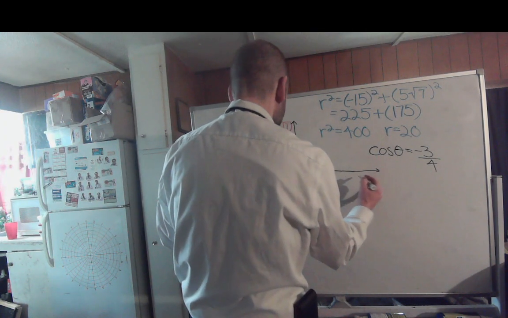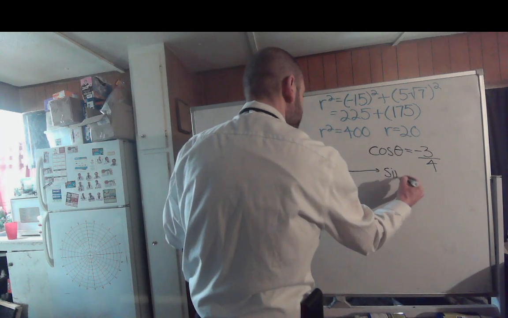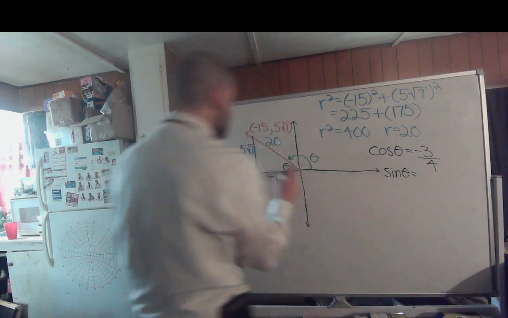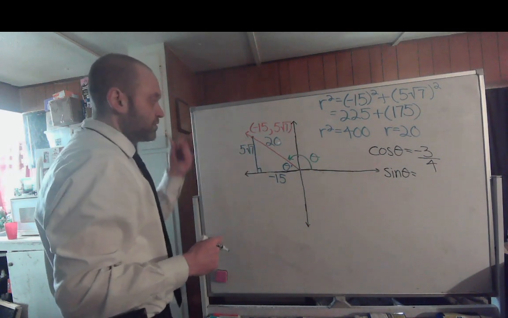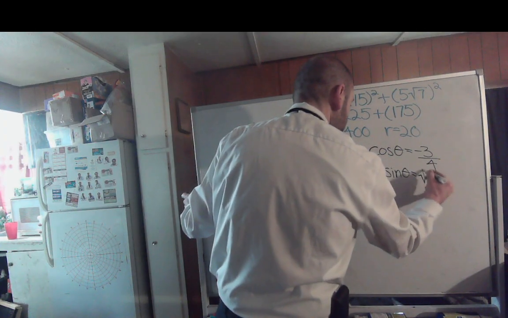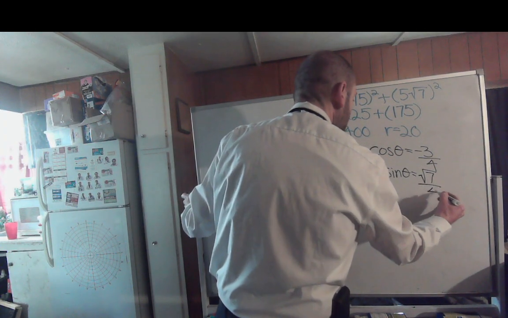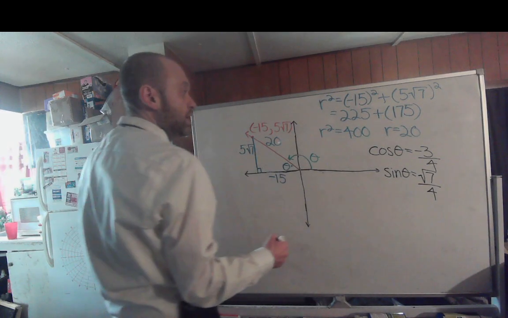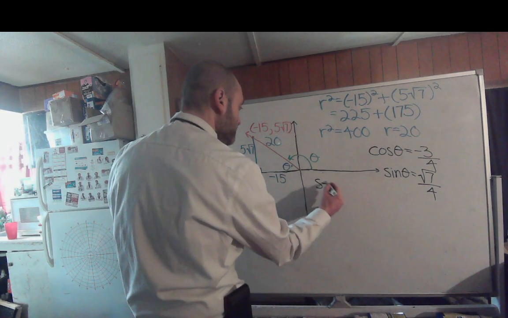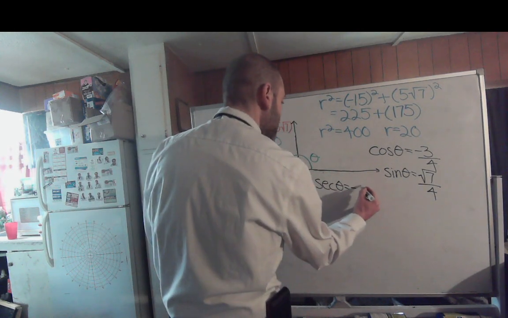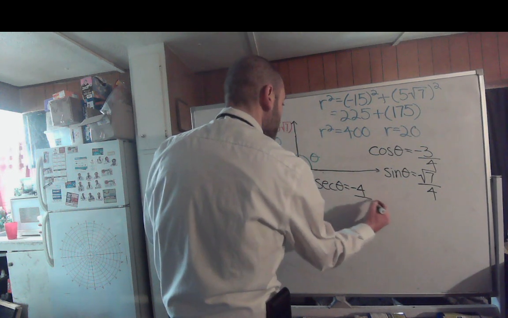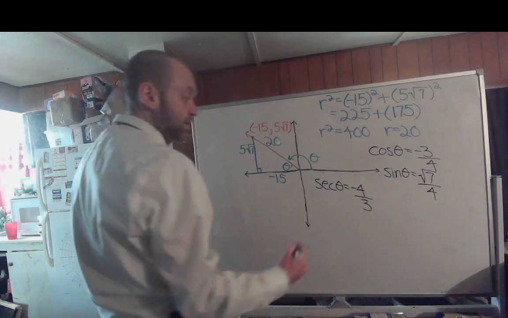So then the sine of theta equals opposite over hypotenuse. So 5 times the square root of 7 over 20, that would just be the square root of 7 over 4 for the sine. Now let's go ahead and do the secant of theta. That's just the reciprocal of the cosine, so you would get negative 4/3.